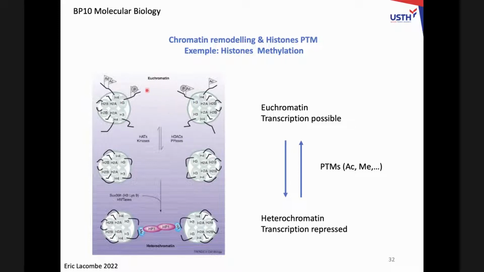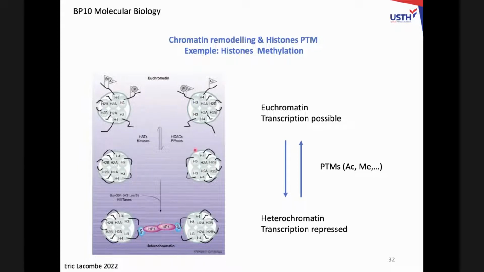So you're completely right. You see here the clear link: you change the post-translational modification of the histone, and the global consequence is that once histone H4 is methylated, it interacts with HP1 and HP1 interacts with itself.